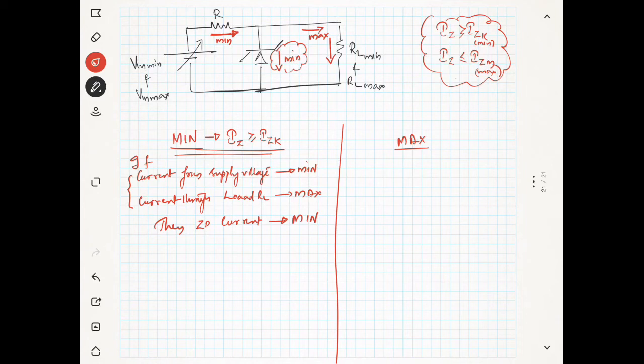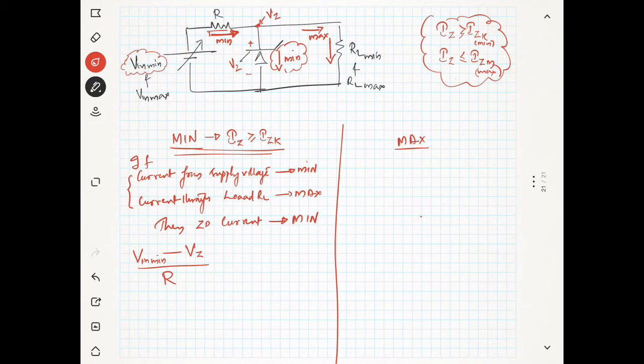Now we know the voltage across the Zener diode is Vz, so the voltage at this node is also Vz. Now how to find the current? Because we are talking about the minimum condition, we will take the minimum voltage. So the minimum current which is coming in this direction is nothing but V in minimum minus Vz divided by our resistance R. Actually we don't know R, but we will write the equation and after that we will solve it.